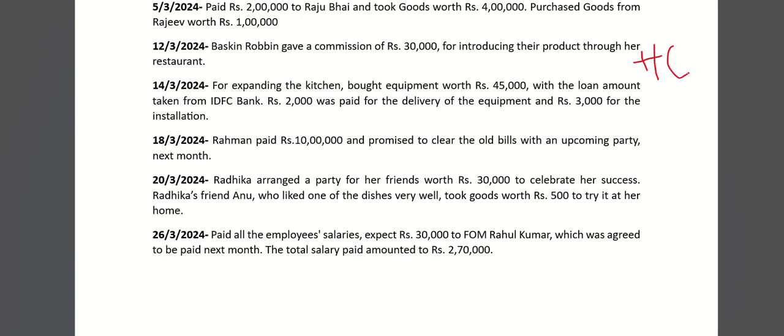The principle of historical cost says that when we purchase an asset, if any cost is incurred in bringing that asset to the place of utility, the final amount, that is the purchase price plus the amount spent to bring it to the place of utility, is called the acquisition cost of the asset.